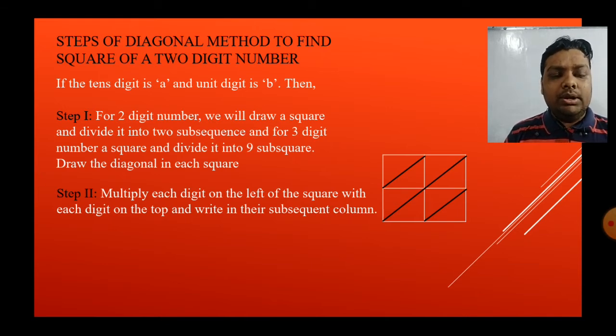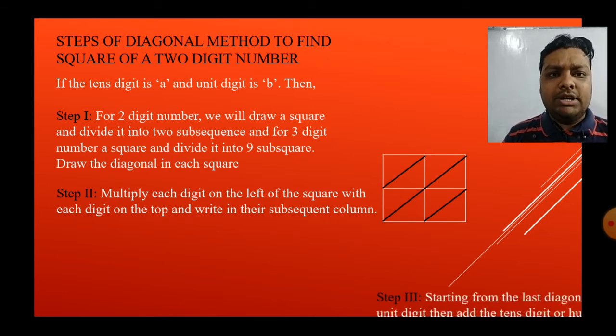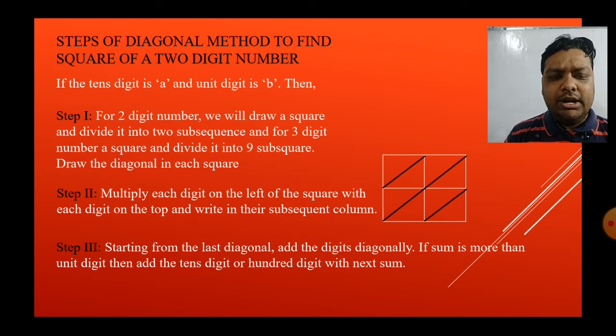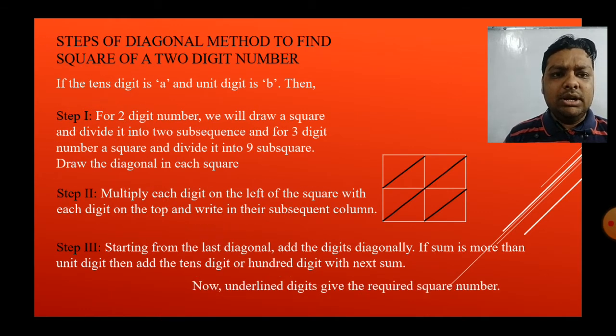Okay, this is step 2. We will solve some examples in the next slide. Then step 3, starting from the last diagonal, we add the digits diagonally, and if the sum is more than a unit digit, then we carry forward the tens digit or hundreds digit with the next sum. And then we will get the required square number.